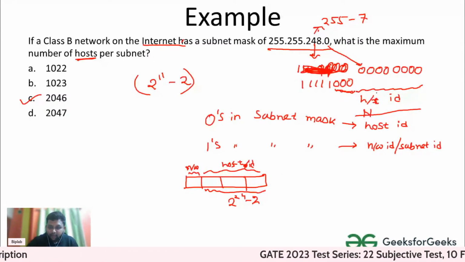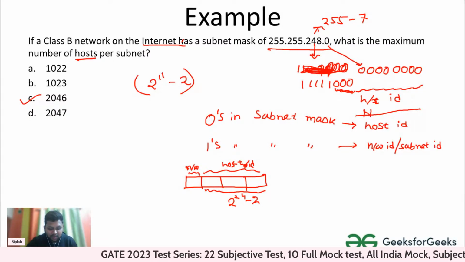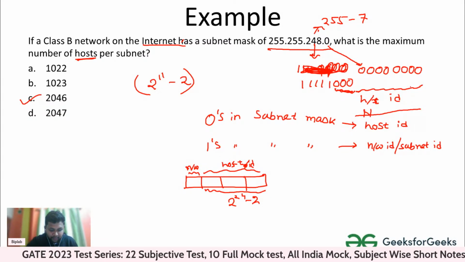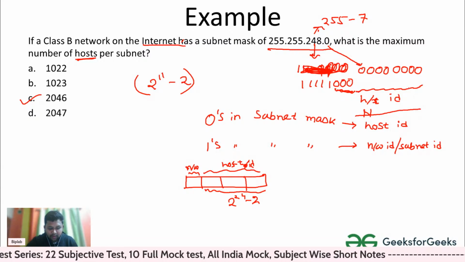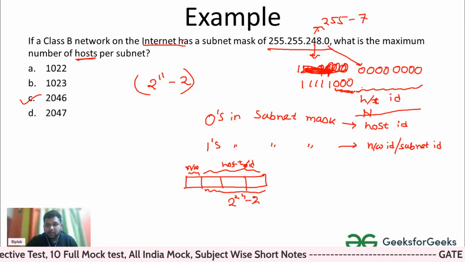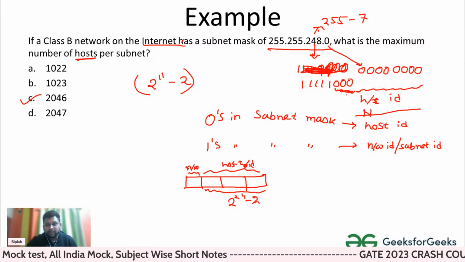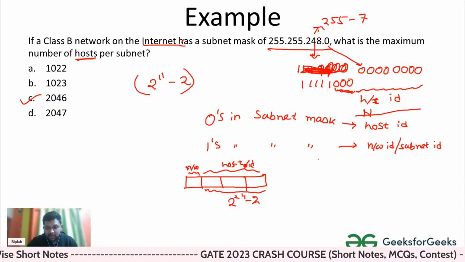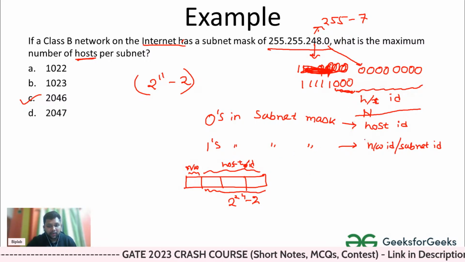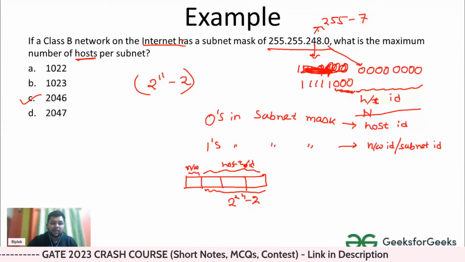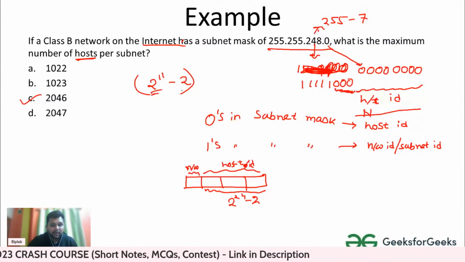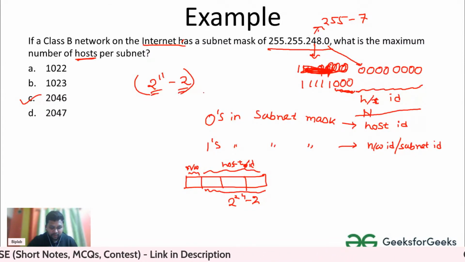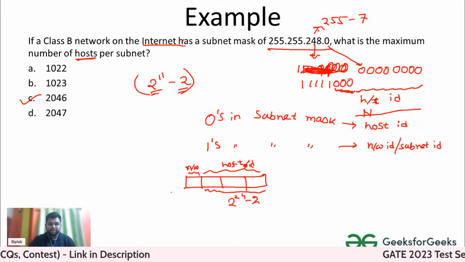In the same way here, only these 11 bits are host ID. So the number of hosts possible is 2 to the power 11 minus 2.